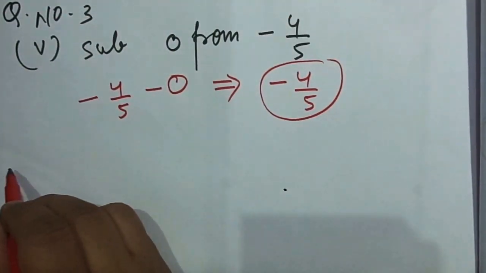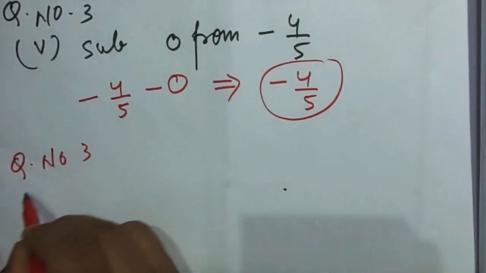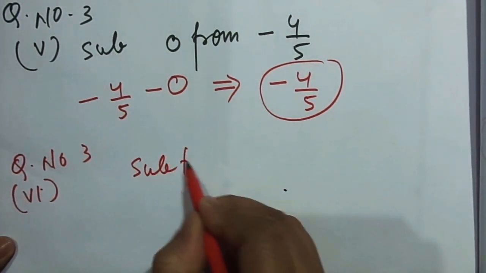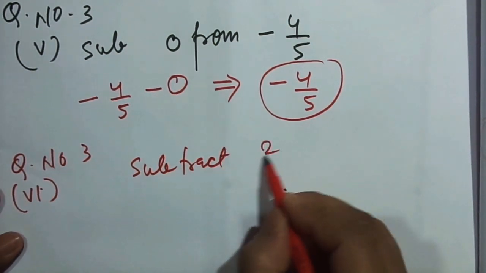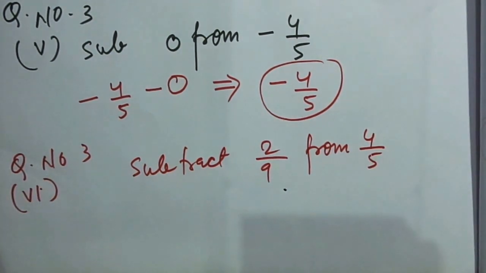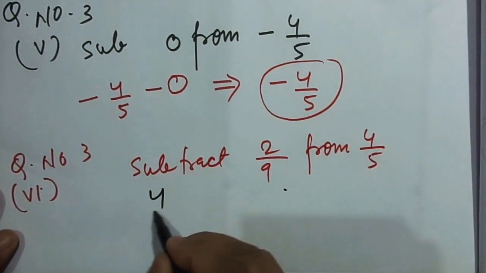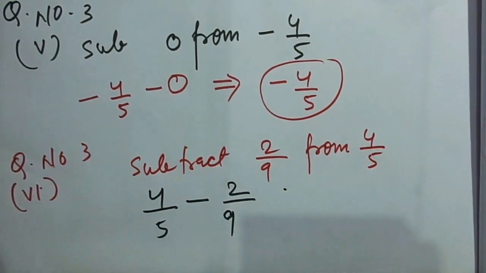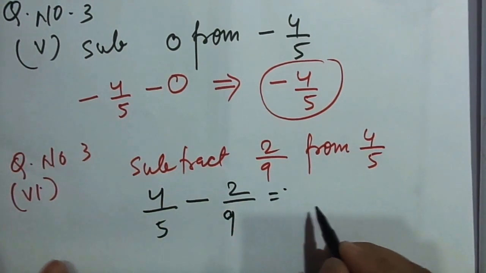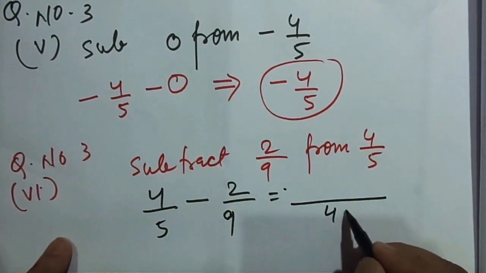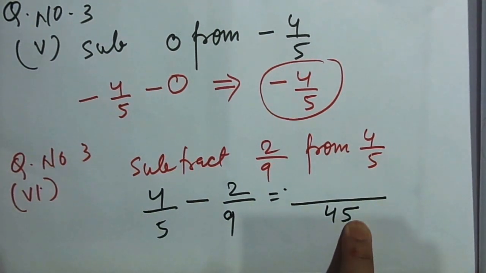So here we have number 6. Question number 3, 6. We have the same thing, the subtract. Subtract 2 by 9 from 4 by 5. Okay, so from 4 by 5 I am going to subtract 2 by 9. Now here I find that the denominators are different, therefore I will find the LCM of 5 and 9, isn't it? Which will be equal to 45. Why?